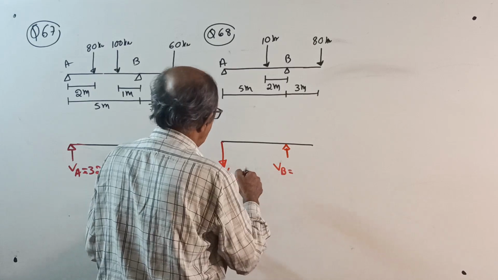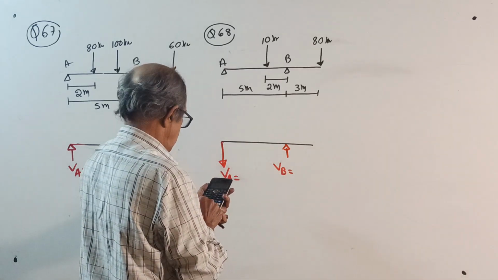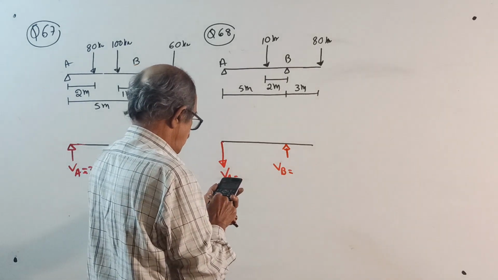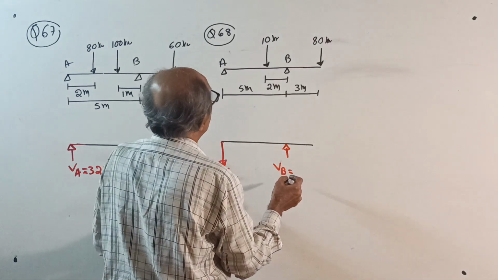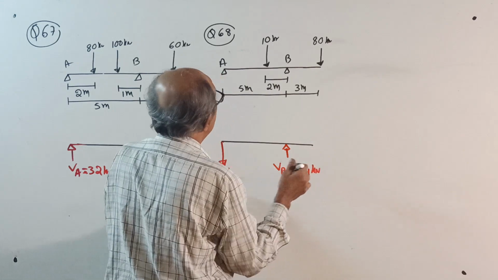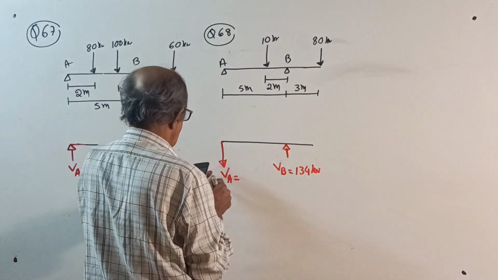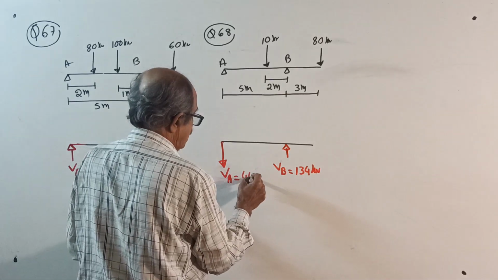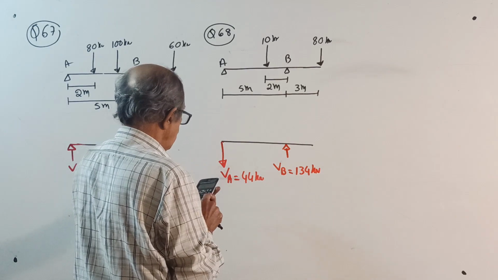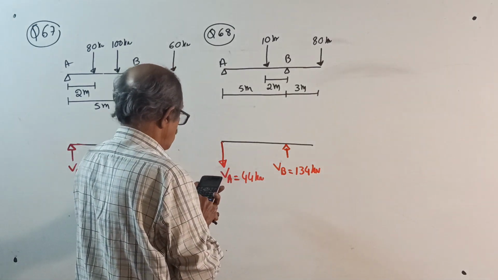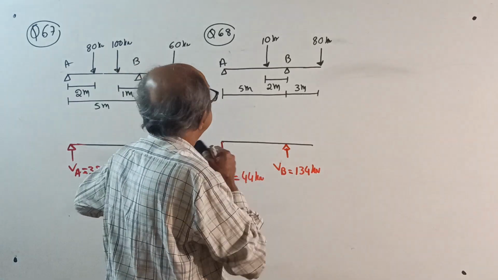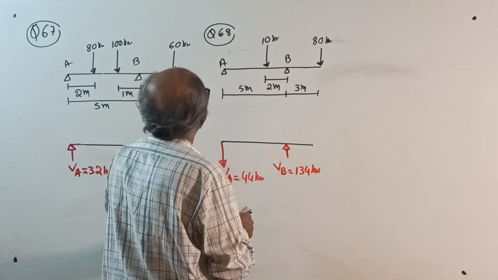I am sure that VA will come negative. 3 plus 80 into 8 divided by 5. 134 kilonewton. 44 kilonewton. I check the answer. Yes, correct. Question number 69.